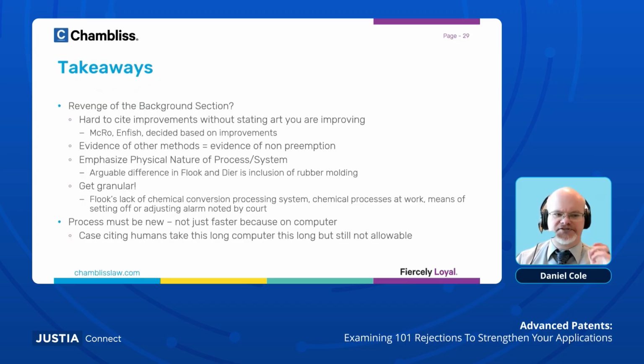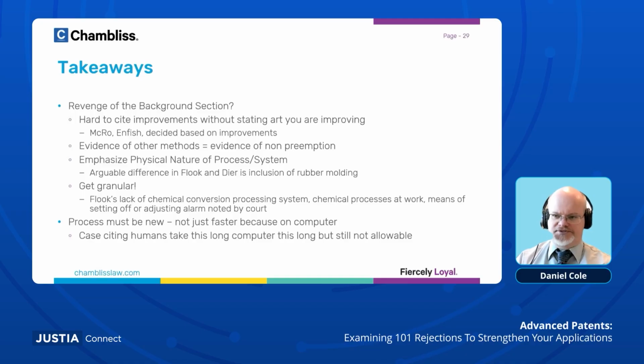So the takeaways for this overall: how are you going to get around 101, and what do you do when you get a 101 rejection? Look at your background section. It's hard to state what you are improving if you've not said what was before. Okay?